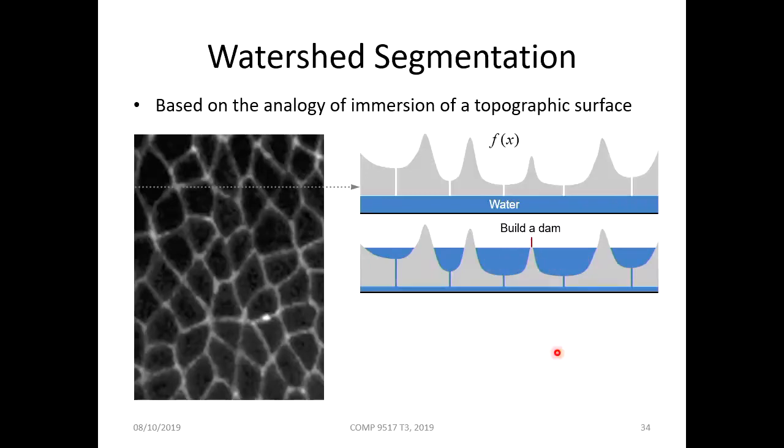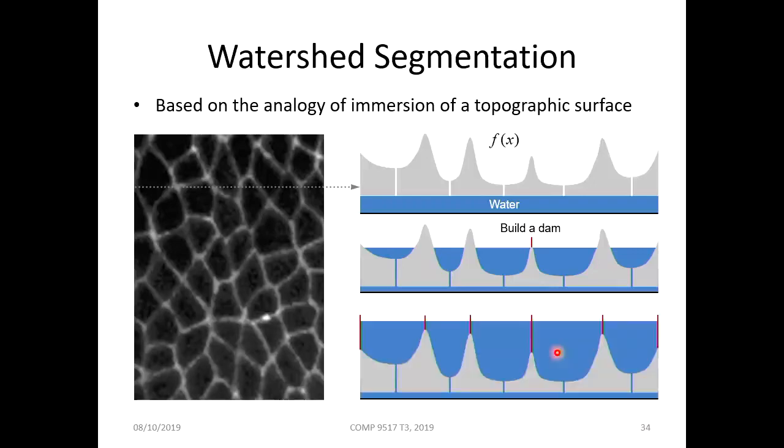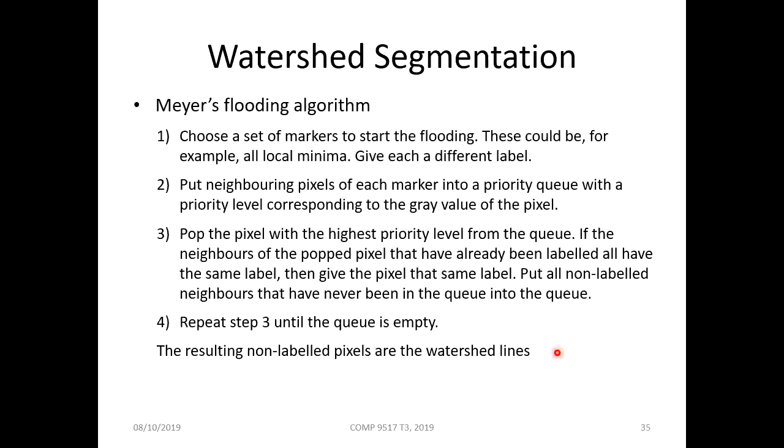You build a dam, and then you continue dipping the thing, and whenever regions are about to merge, you build a dam to avoid that from happening. And then in the end, you have what is called the watershed lines. This is a very nice analogy because this is literally pretty much how you implement it in the computer as well. So this is Meyer's flooding algorithm for watershed segmentation.